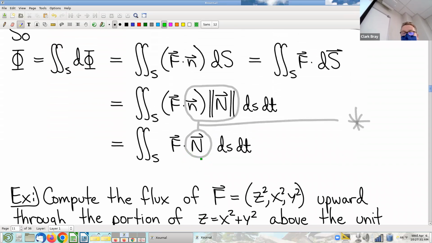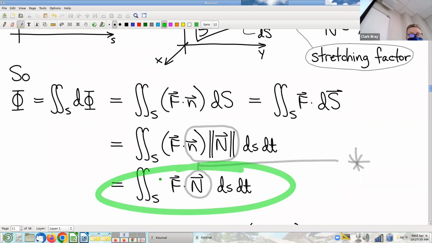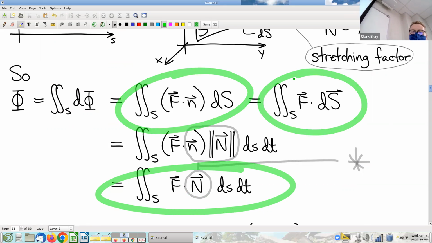So before I get ahead of myself, that gives us yet a third form to think about for vector surface integrals. So we've got these three. This is my favorite, again, because it's the most compact. This one has its merits because it's more geometrically relatable, I guess you might say. You can see the normal vector, you can see the area.